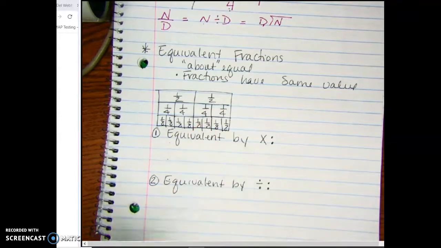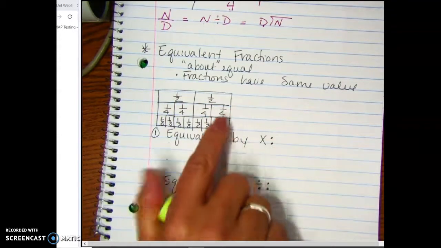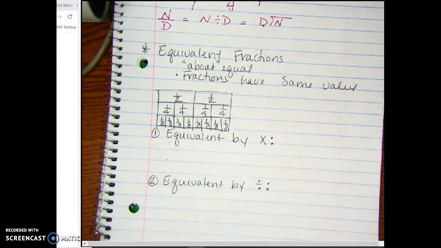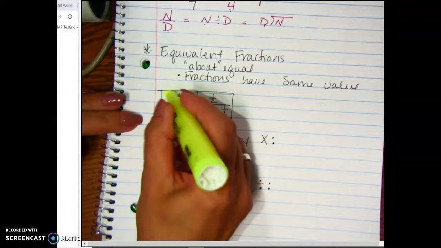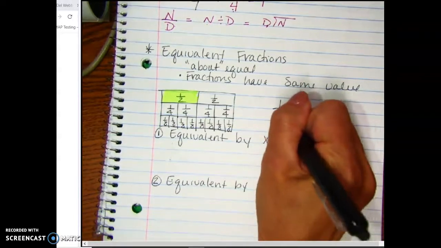So here I've made a box and the denominator is 2 because there's 2 parts and there's 1 of each part. So 1/2 and 1/2. So here's our 1/2. Well, what's an equivalent fraction to a half? So I'm going to write that here.